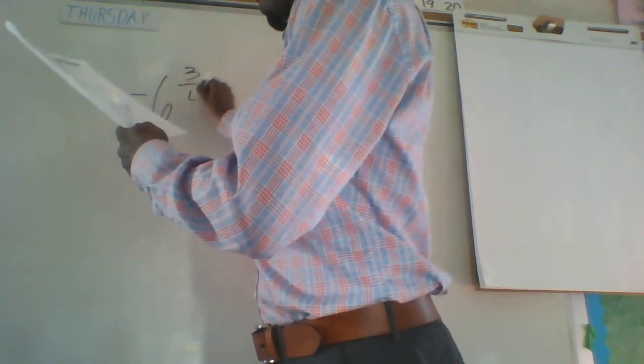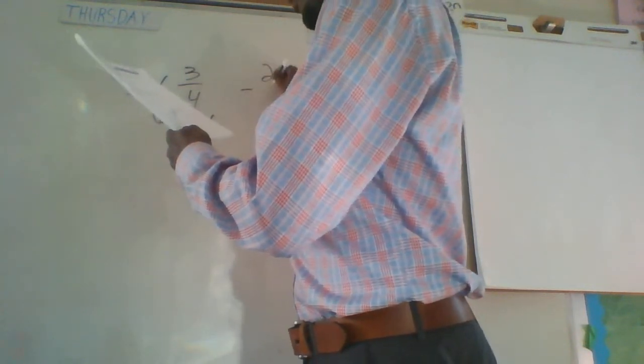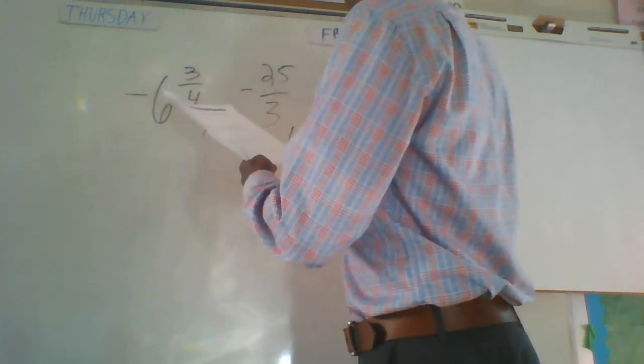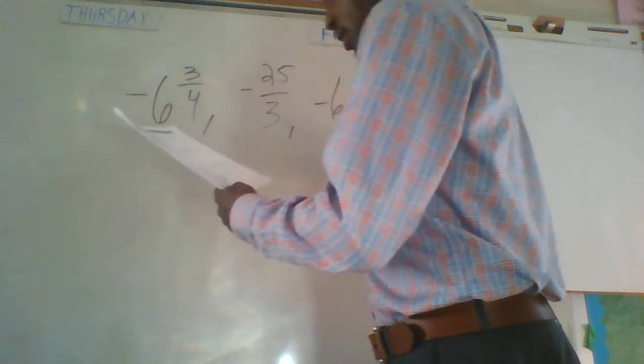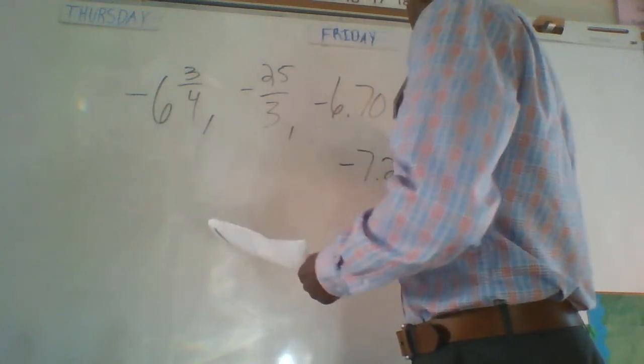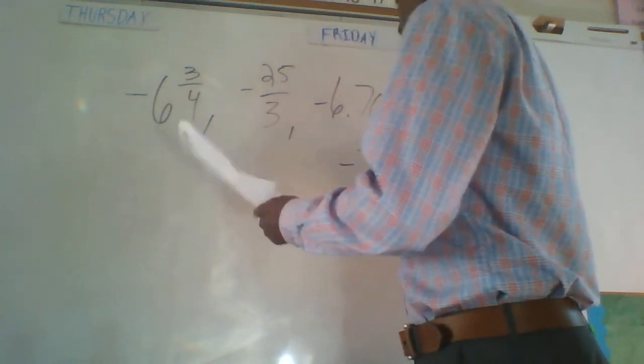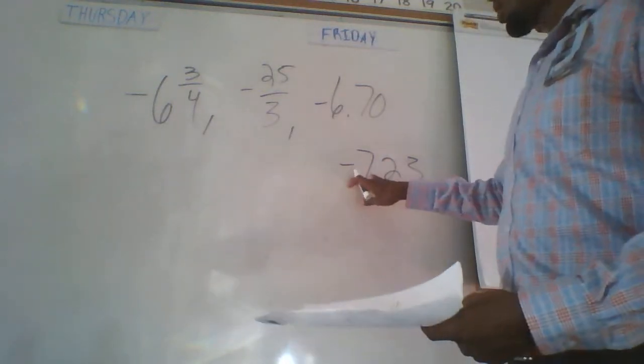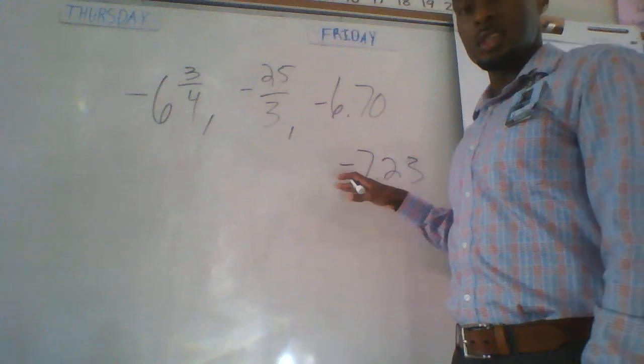We've got -6 and 3/4, -25/3, -6.7, and then -7.23. So it says record the greatest number. So obviously, it can't be this because this is a negative number.